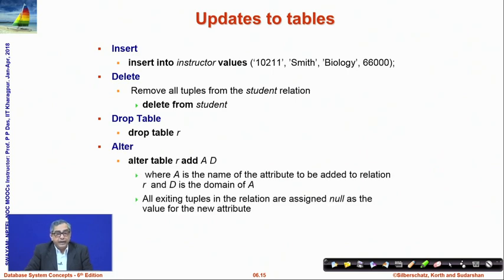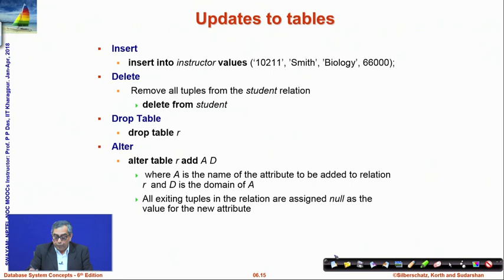You can also change the schema of a table by using alter table. The form is: alter table are the keywords. You can add a new attribute to relation R by writing the name of the attribute and the domain of the attribute one after the other.